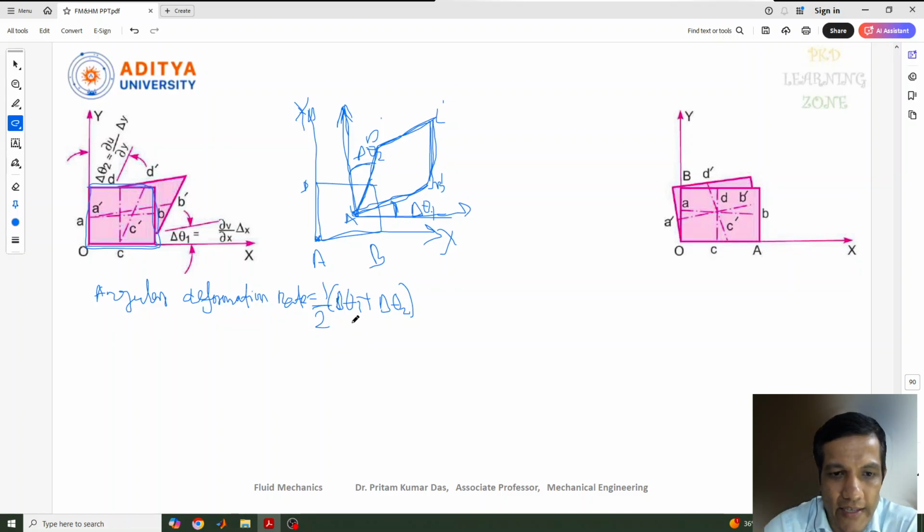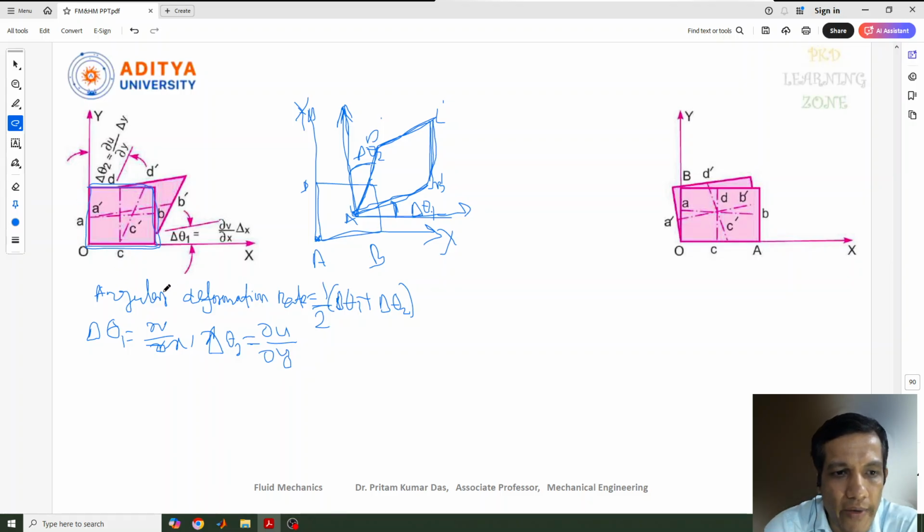Now in delta theta 1, we can write delta theta 1 equal to del v by del x. And similarly, delta theta 2 we can write as del u by del y.